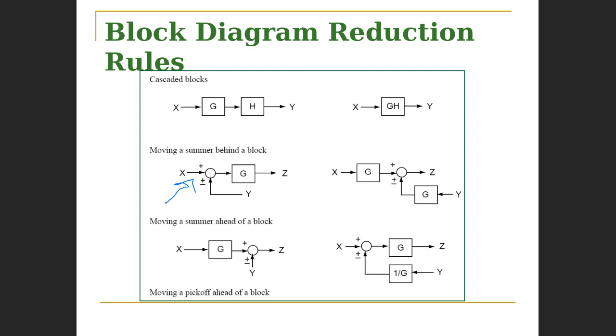What we're showing here is a combination of two possibilities, and we're showing them at the same time. For a summing node, these are the two possibilities: you could have plus and plus, or you could have plus and minus.